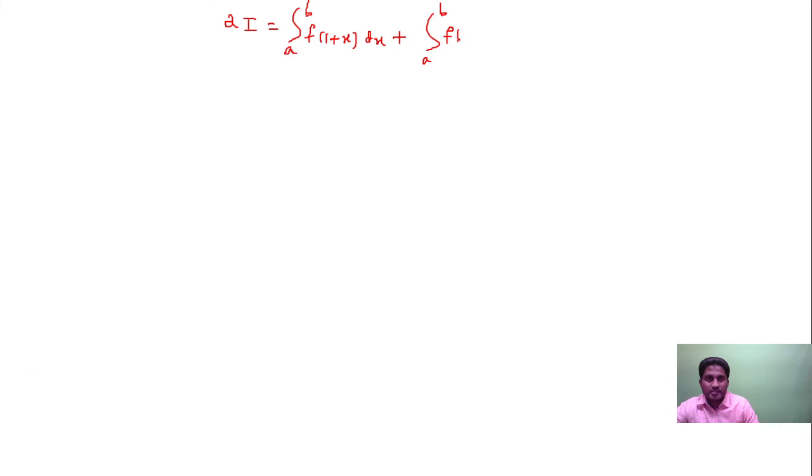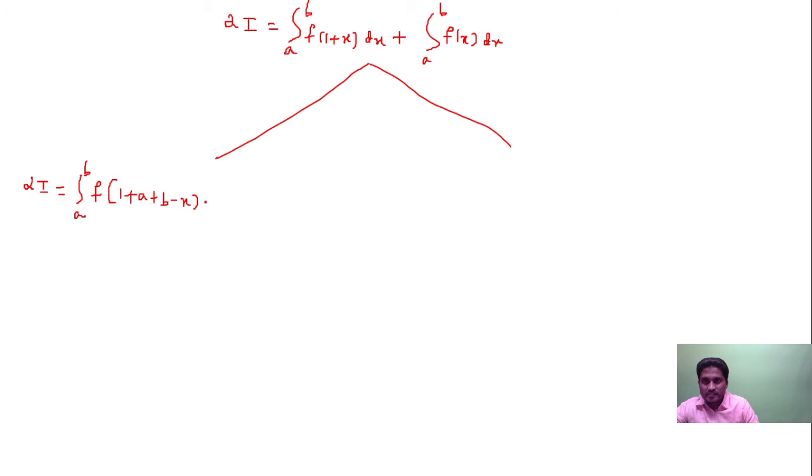See, actually two options can be correct. I'll prove it. Now listen. From here 2i is equal to integration of a to b, change x to lower plus upper minus x. If I use the property, this can be written as f of a plus b minus x dx. Now second integral I'll keep as it is, this is equal to plus a to b, and then this is f of x dx.